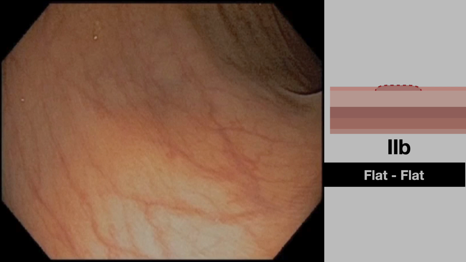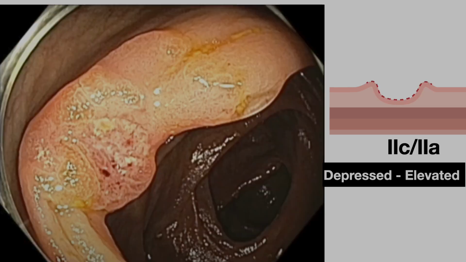Look at the blood vessel, and one blood vessel in the middle disappears under the polyp. This turned out to be sessile serrated adenoma. So that is 2B lesion. And here there is some depression, some elevation. This is a mixed type of polyp, 2C, 2A lesion.